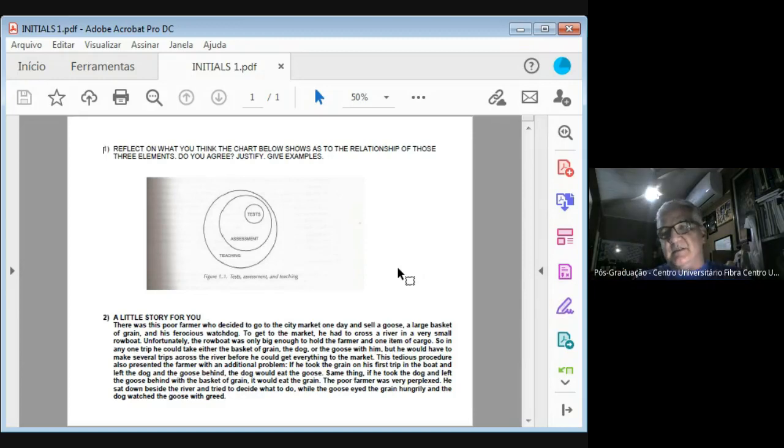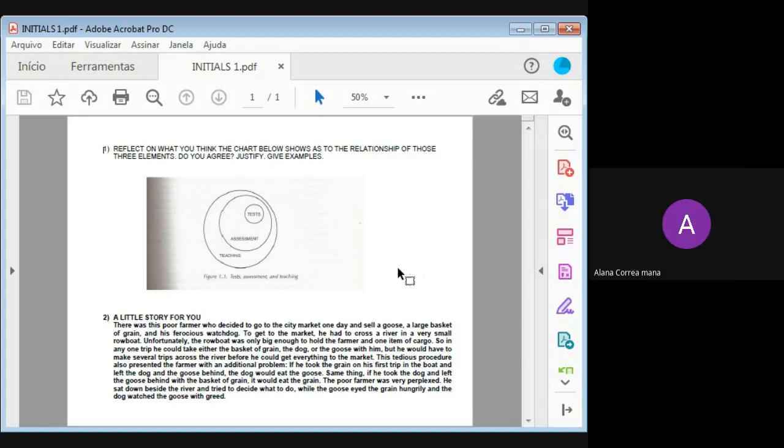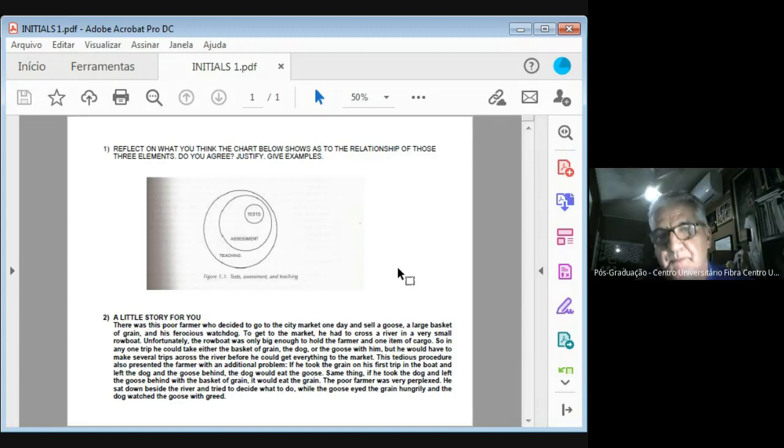So this is assessment and evaluation, and this is what the teacher can do. In the materials you have this week, you have a list of alternatives for assessment.